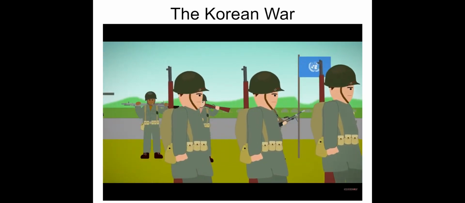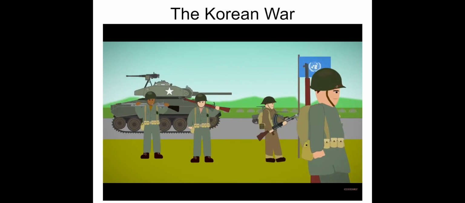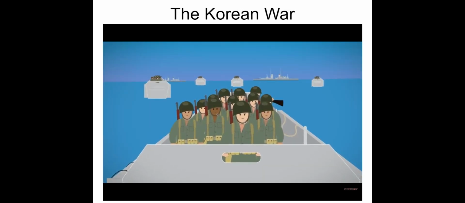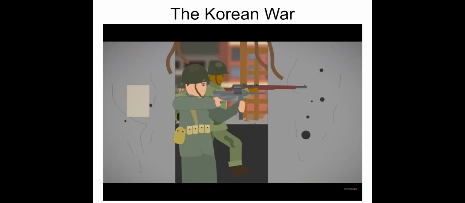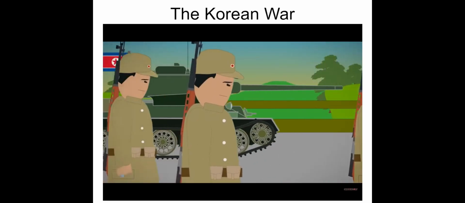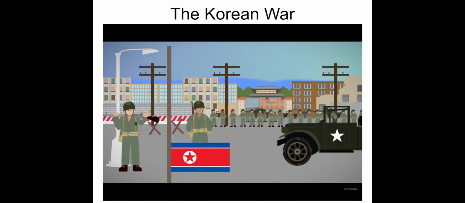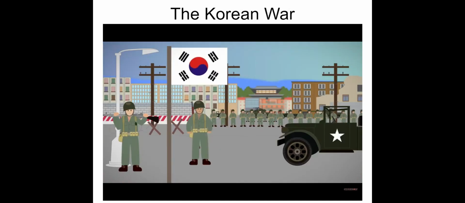Now that their position was strengthened, MacArthur went on the offensive. On September 15th, the U.S. Marines X-Corps launched an amphibious assault at Incheon. The North Korean troops were pushed back on the retreat over the 38th parallel, and soon Seoul was recaptured along with the whole of South Korea by the end of the month.